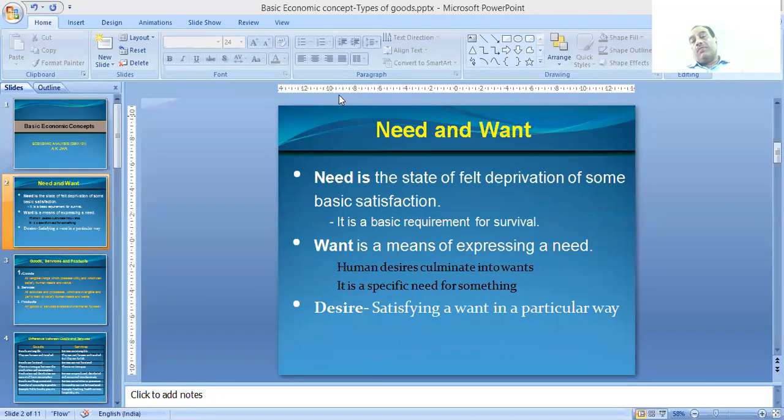And if we want to have that coffee in a 5-star hotel, this is our desire. We want to satisfy our want in a particular way, at a particular place, taking a sip of coffee or tea. So I hope you understand the difference between needs, wants, and desire.